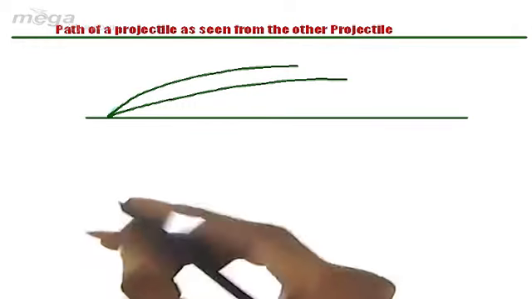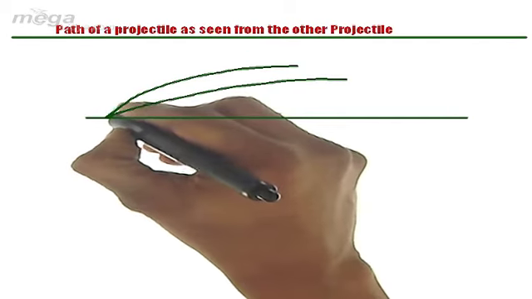Now consider the observation of an observer sitting on a projectile and trying to see the path of some other projectile which has been thrown from the same point with some velocity at some angle. Say we have thrown two projectiles from the same point and at the same time with different velocities.